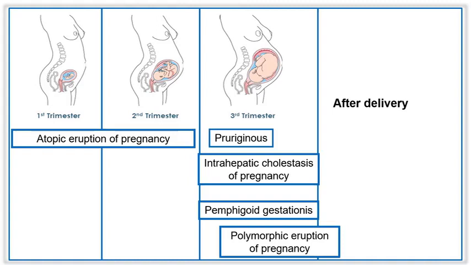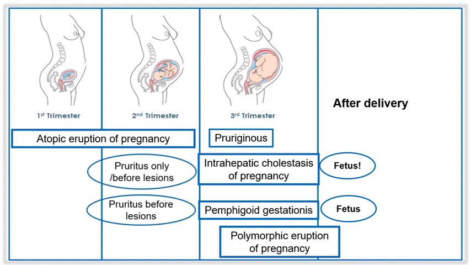Also, it is important to know that intrahepatic cholestasis of pregnancy and pemphigoid gestationis have a risk for the baby. So it's very important to diagnose them. And it's also good to know that both of these can start only with pruritus and no skin signs. Of course, in pemphigoid gestationis later, you have the typical signs of the dermatosis.